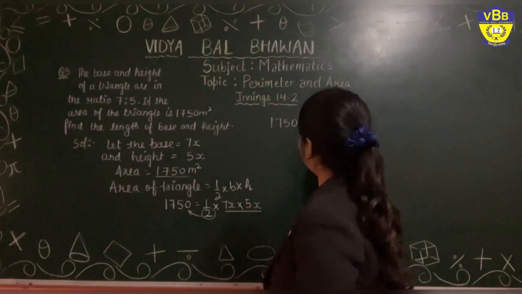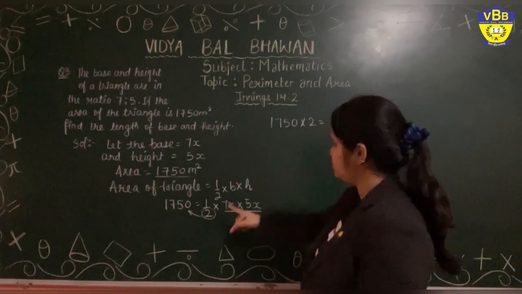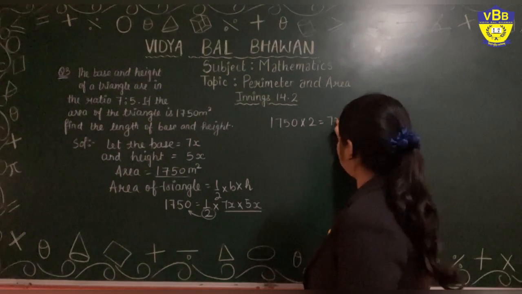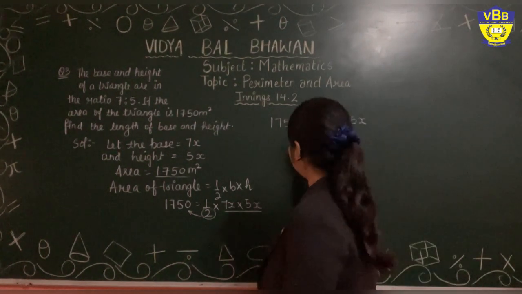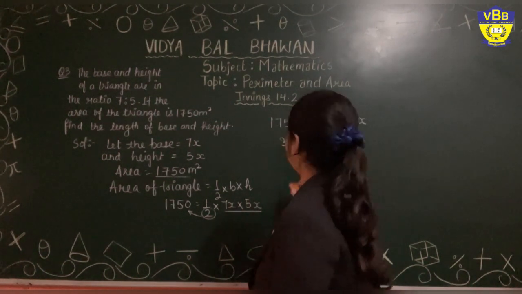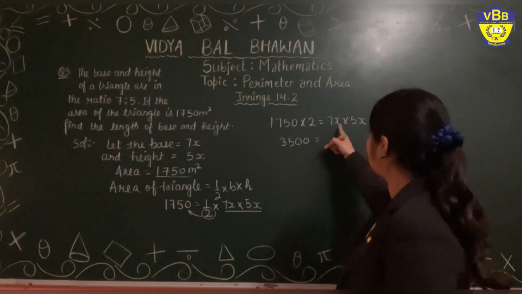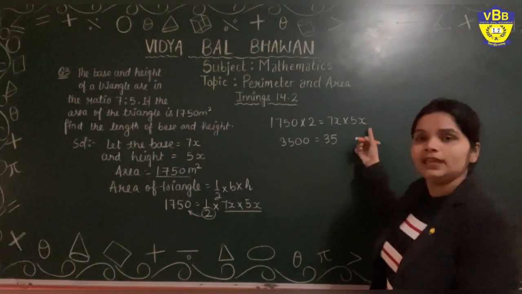1750 multiplied by 2, this 2 has been transposed here, is equals to 7x multiply 5x. Fine. Multiply this now. It is 3500 is equals to 7 5s are 35, and x multiply x.